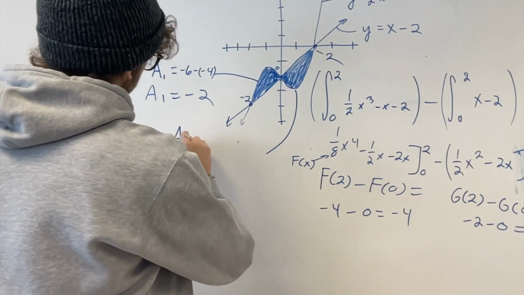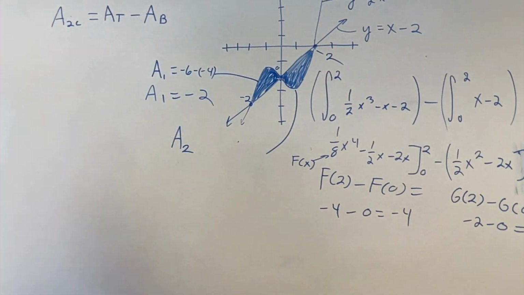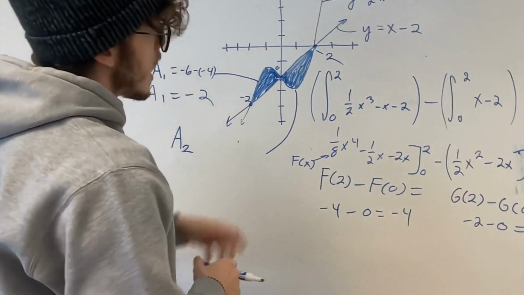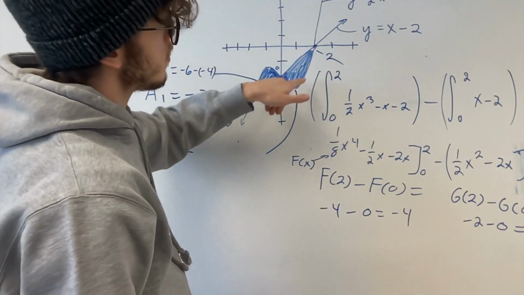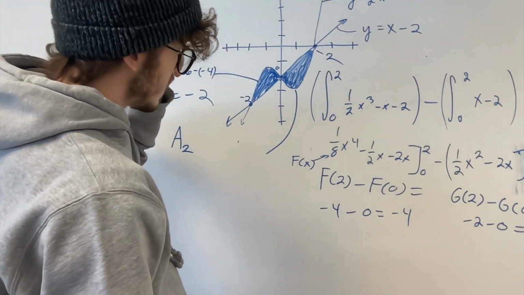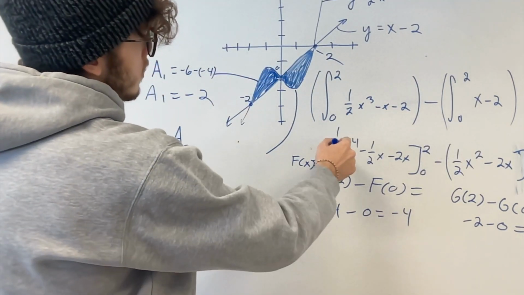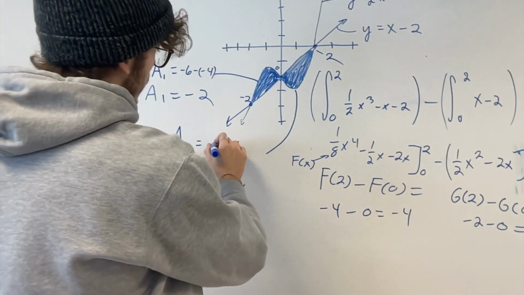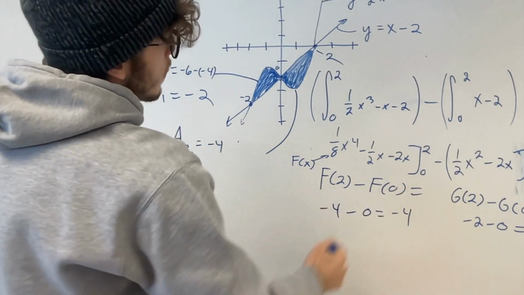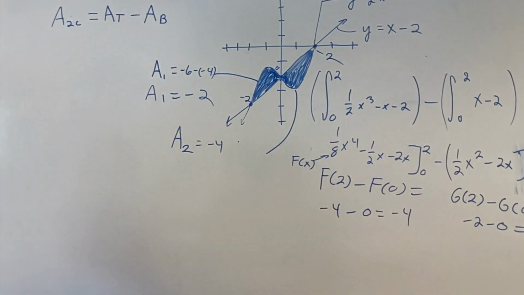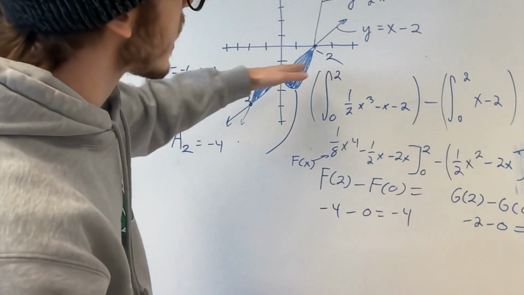The area of the second interval, we can find that by taking the area of the top minus the area of the bottom. So let's go ahead and do that. The top function in this case is going to be our parabolic function, and we said that is -4. Okay, we have our bottom function, which is the one that's closer to the x-axis.